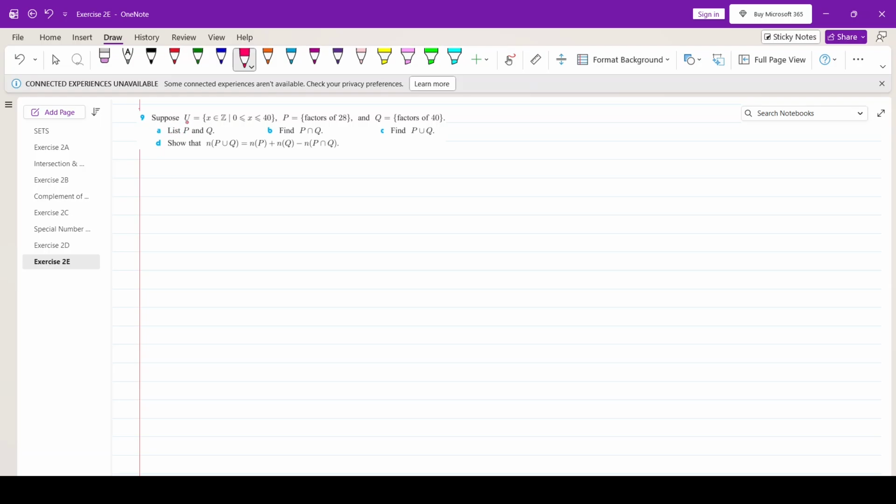Suppose universal set is a set of all x such that x is an integer and is between 0 and 40, including both of them. P is a set of factors of 28 and Q is a set of factors of 40.